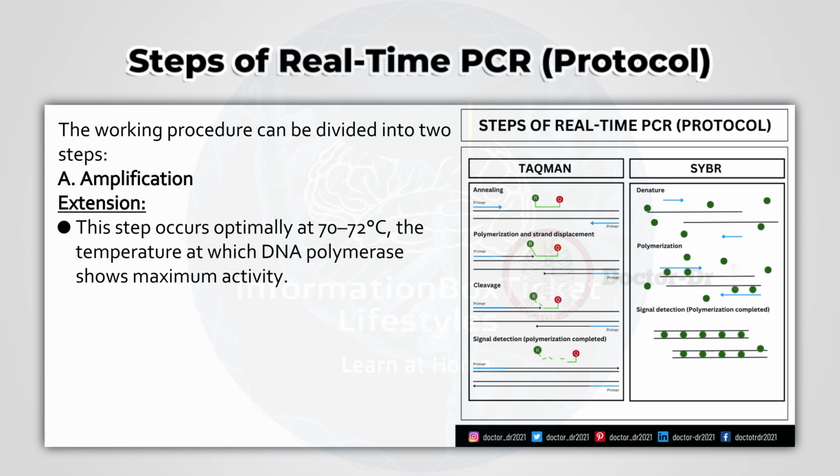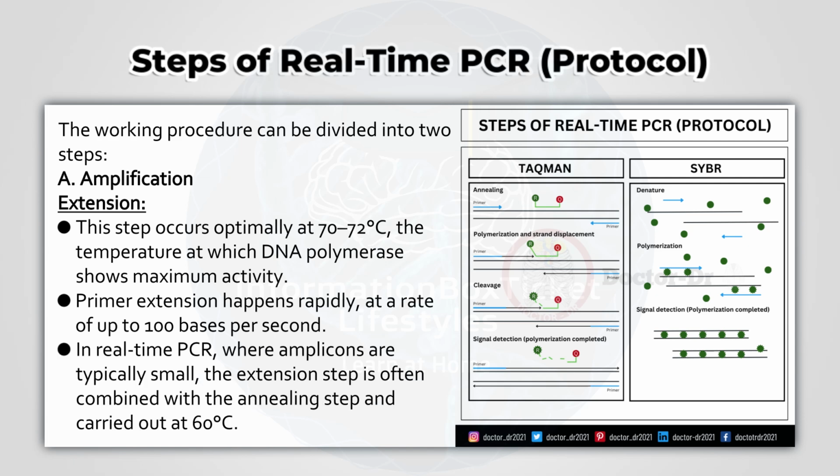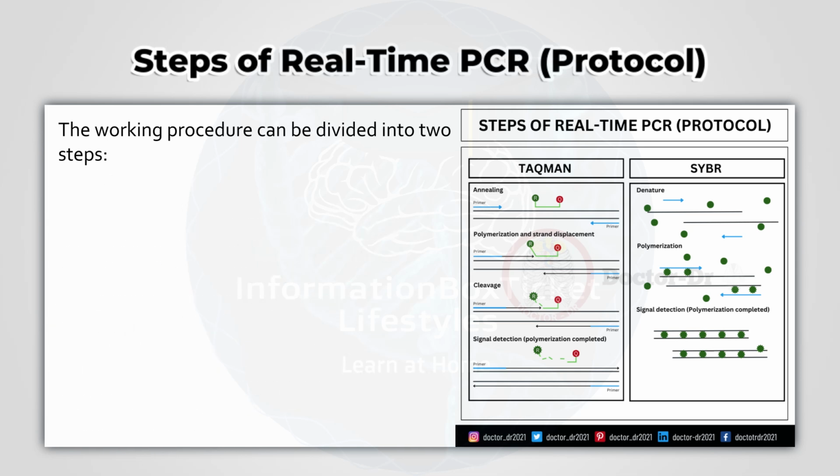This step occurs optimally at 70 to 72 degrees Celsius, the temperature at which DNA polymerase shows maximum activity. Primer extension happens rapidly, at a rate of up to 100 bases per second. In real-time PCR, where amplicons are typically small, the extension step is often combined with the annealing step and carried out at 60 degrees Celsius.